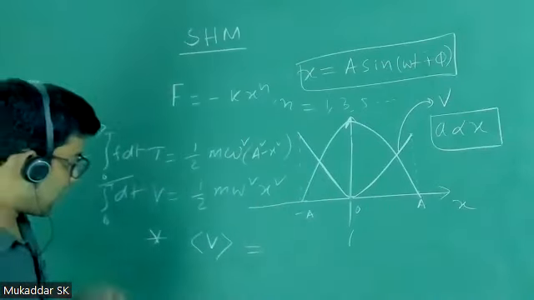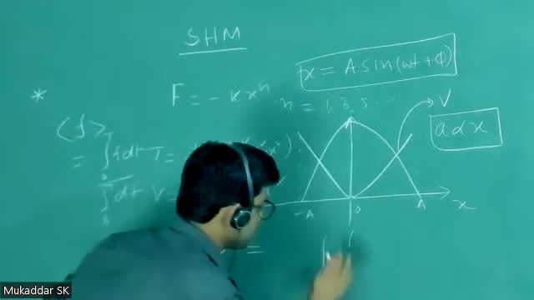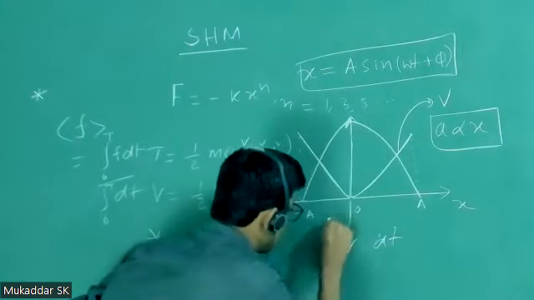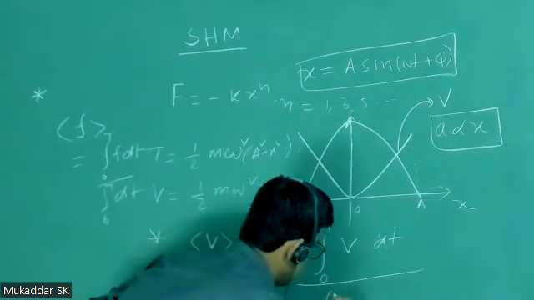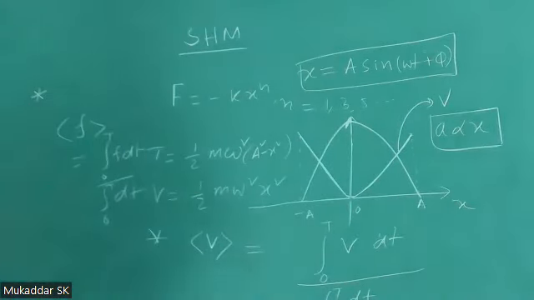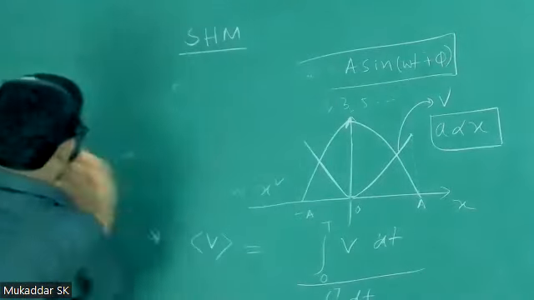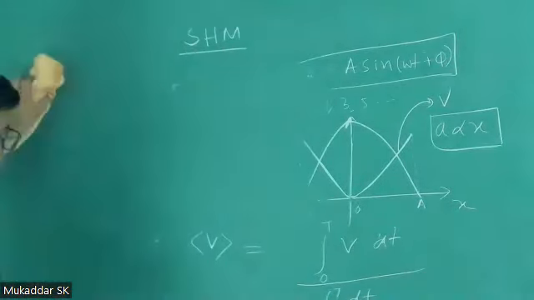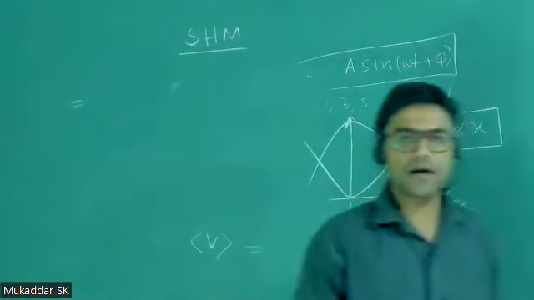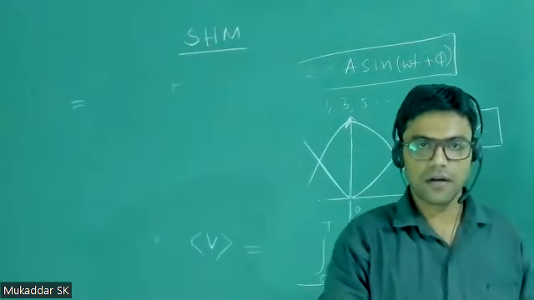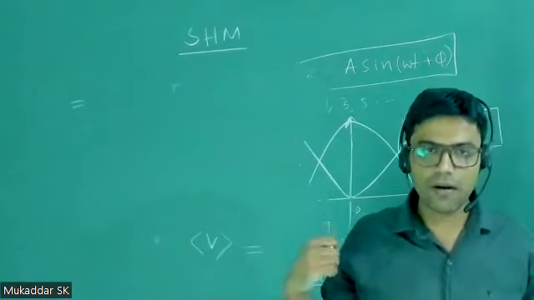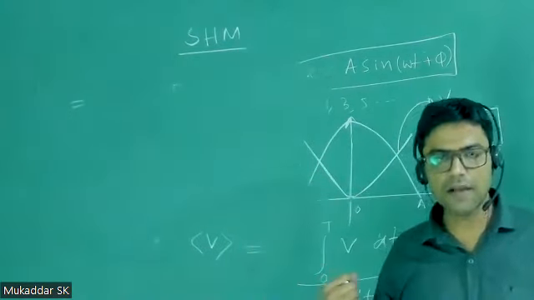Same I'll apply here. So if I apply it, how much will I get? So you'll have the integral of V dt for 0 to capital T, and then you have 0 to T dt. अगर इसको कैलकुलेट करेंगे, आप लोग ट्राई कीजिए. यहाँ पोटेंशियल है ना? कोई भी फंक्शन का अगर आप टाइम एवरेज निकाल लेंगे, suppose F is a function, here the potential energy is the function, then the integral of V dt over the complete cycle 0 to T, and then divide by 0 to T dt.